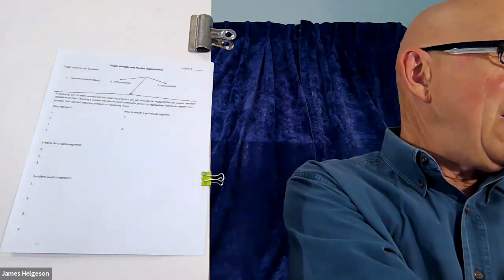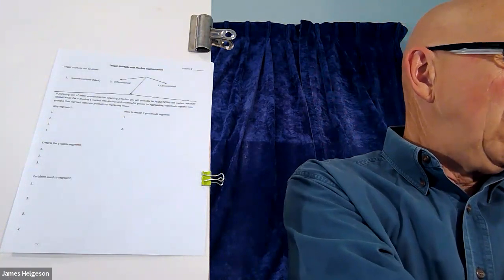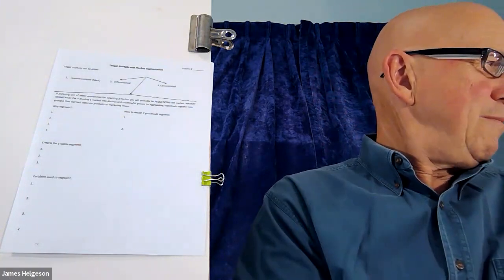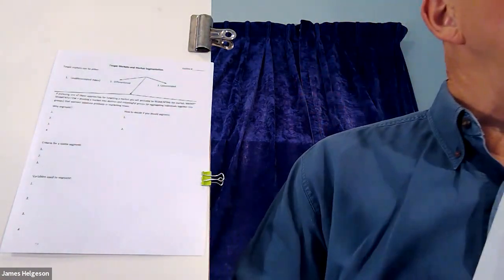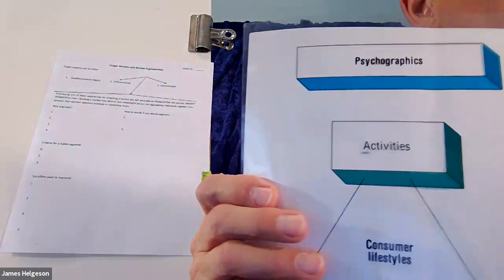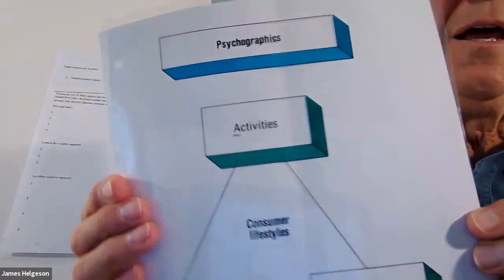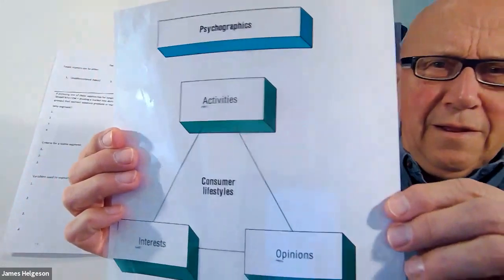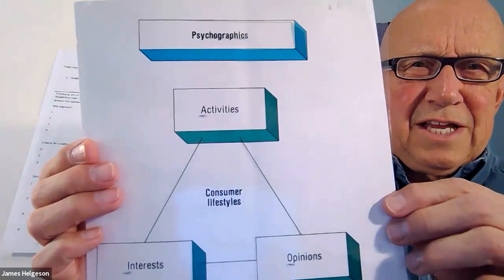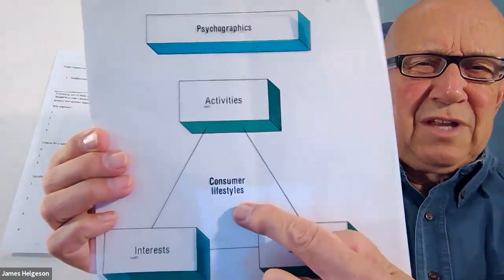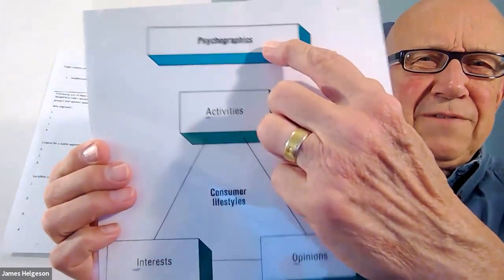How do you evaluate lifestyle? Well, you know, the idea of spend time and spend money, but here's a little picture from around page 128. How do you assess consumer lifestyles, psychographics?